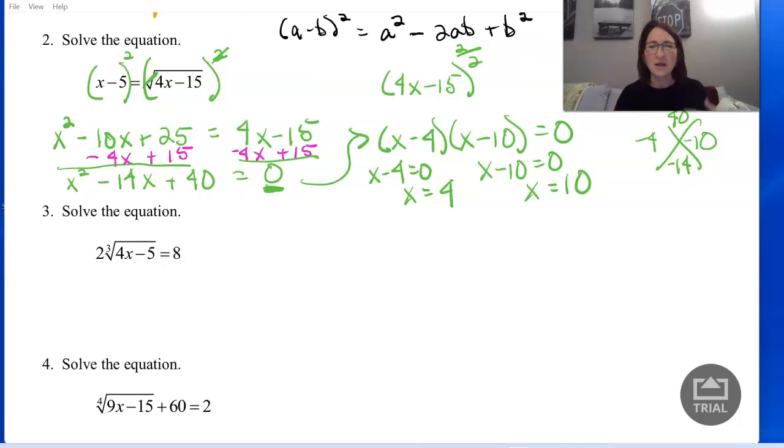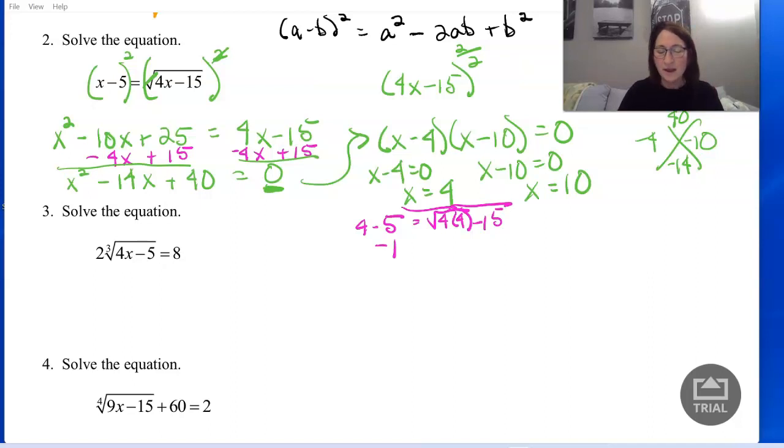If you plug a 4 in, let's check this. If we plug a 4 into this, we'll start here. That would be 4 minus 5 equals the square root of 4 times 4 minus 15. 4 minus 5 is negative 1, and 16 minus 15 is going to be 1.